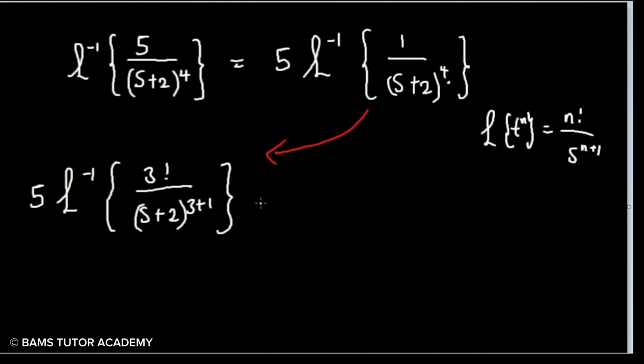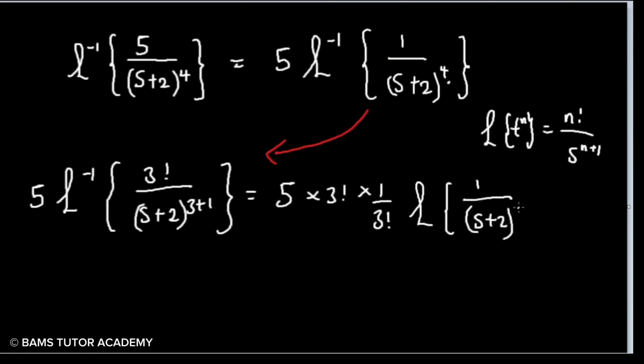This can be written as 5 times the factorial, bringing it out. To cancel it out, I can write this as times 1 over 3 factorial, which will cancel it out. So I write it this way: 1 over (s plus 2) to the power of 3 plus 1.